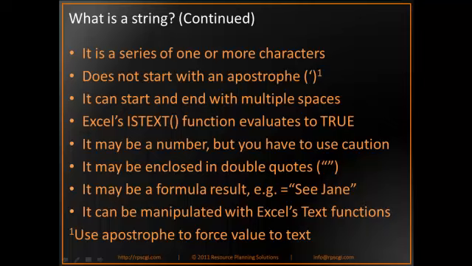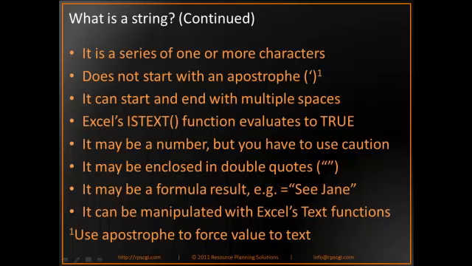Sometimes numbers can be manipulated as strings, but as I've stated earlier, you have to use caution. You'll probably have to use other functions, and we'll show you an example of that towards the end of the webinar. But to get numbers formatted precisely the way you want them will probably require a little bit of extra effort. Just about anything that is enclosed within double quotes is going to evaluate to be a text string.